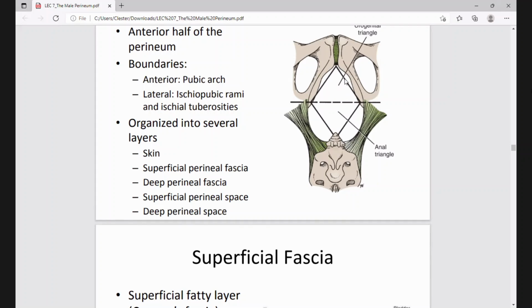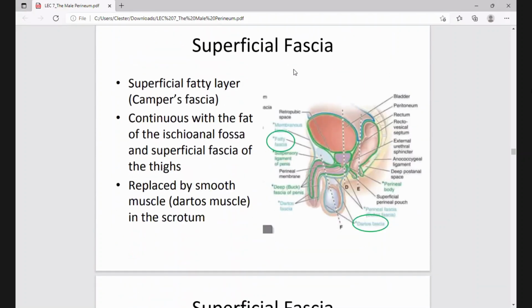We will discuss first the covering, shall we say, of the urogenital triangle. From outside going in, it is covered by skin, superficial perineal fascia, then deep perineal fascia. Between the superficial and deep perineal fascia, you have your superficial perineal space or pouch, and your deep perineal space. So we'll start with the superficial perineal fascia.